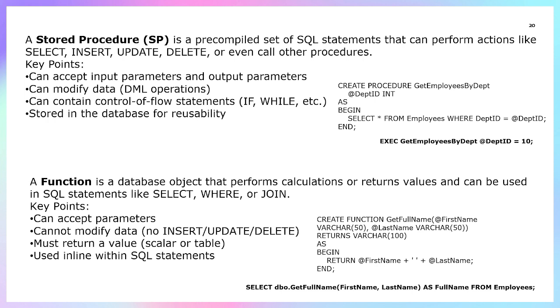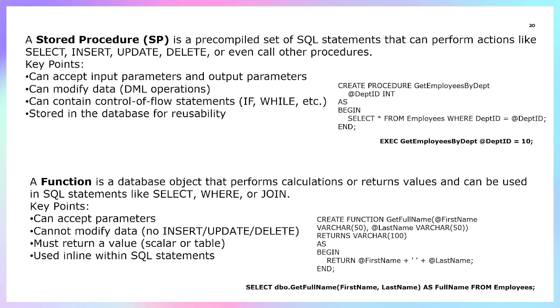What is a function? A function is a database object that performs a calculation and returns a value, and can be used in SQL statements like select, where, or join. A function is also like a stored procedure, but there is a little bit of difference between the function and the stored procedure. Now, what are the key points of the function? A function can accept parameters, but cannot modify the data, meaning insert, update, delete.